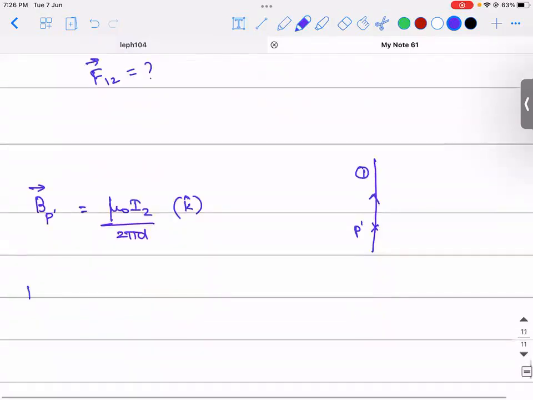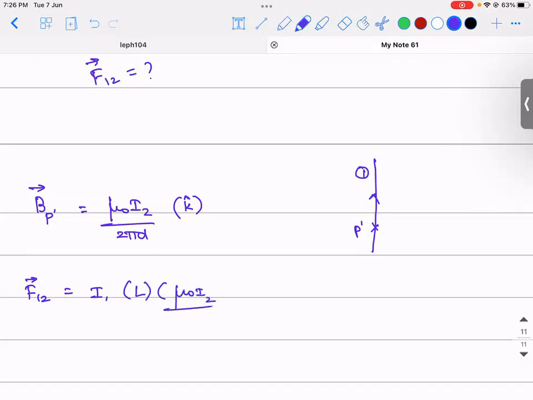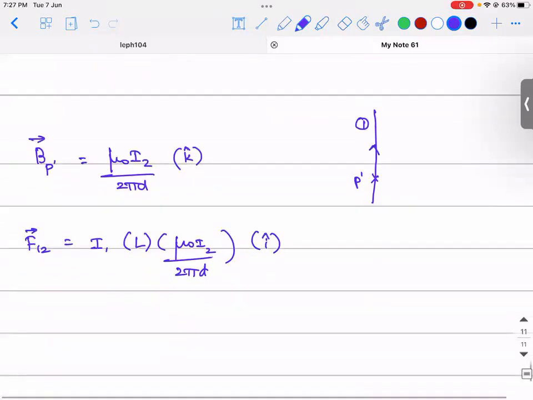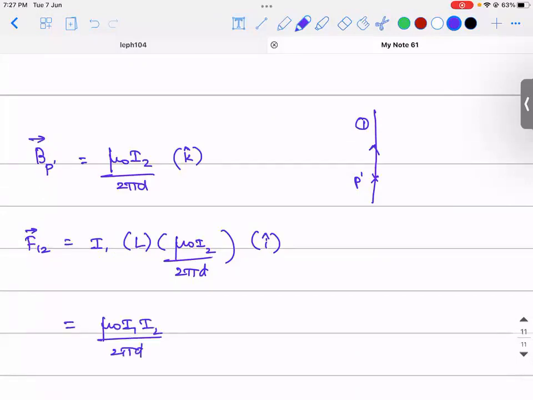What is F12 vector? I1 into, you consider the same length L? Yes. Very good. So mu naught I1 I2 divided by 2 pi d into L in the direction of I cap.